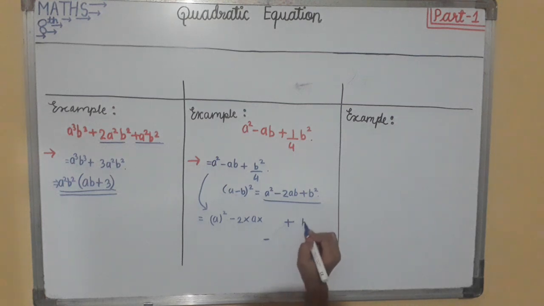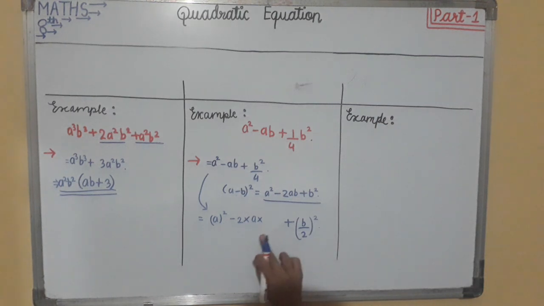We can write it like b by 2 whole square. This b by 2 is the second term. So here the second term will be b by 2. 2 and 2 will get cancelled. Remaining will be a square minus ab plus b square by 4 as it is.